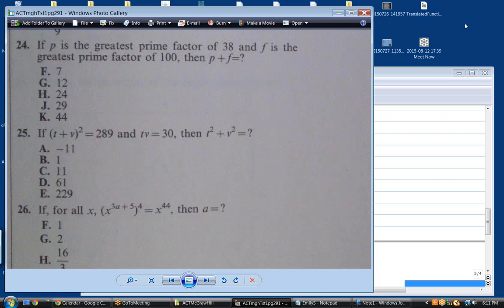Okay, you always want to guess on both the ACT and the SAT. Now, it used to be that the SAT, they penalized you for guessing, but they're changing that starting in 2016. Why did they penalize for guessing? Oh, they would take off a quarter, and it wouldn't really matter because you're still better off guessing. Your expected value from a probabilistic point of view was still the same.